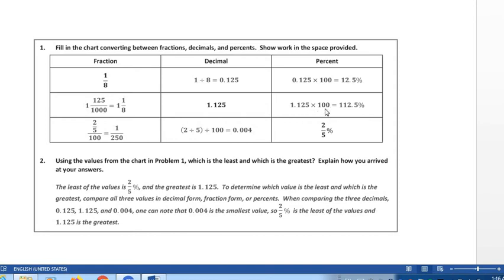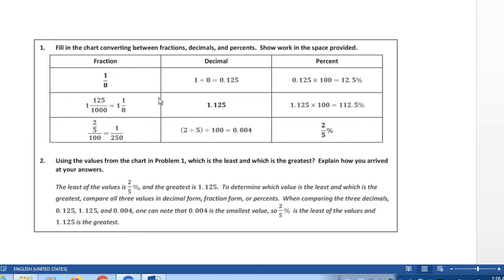I move just 2 zeros, so from the decimal point, 2 movements, 1, 2, and put here my decimal point between 2 and 5. So the answer will be 112.5. Don't forget to put the percent.